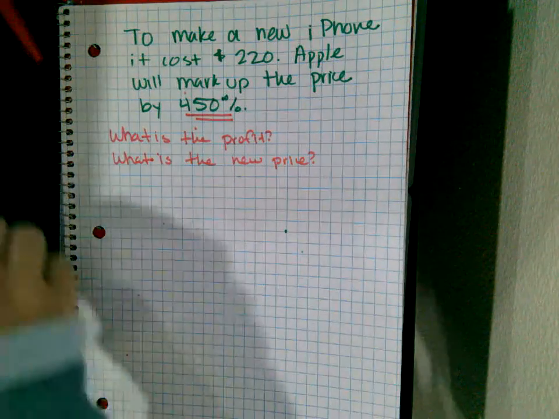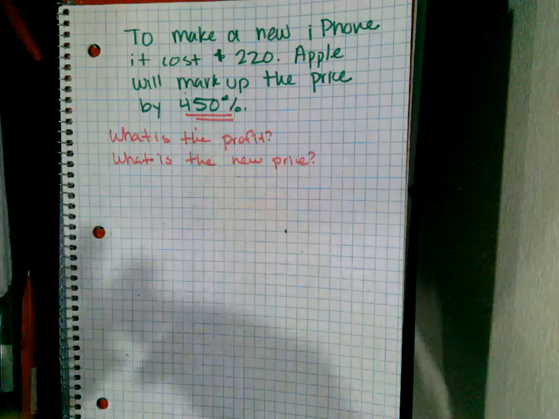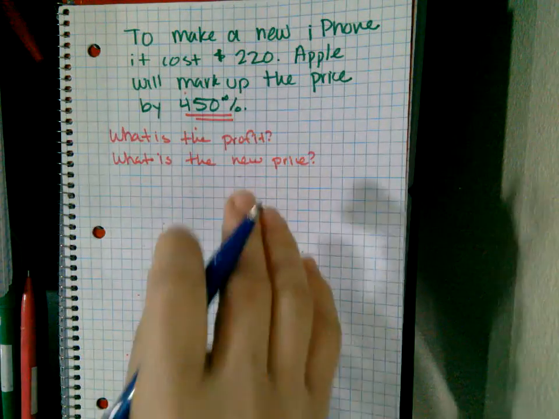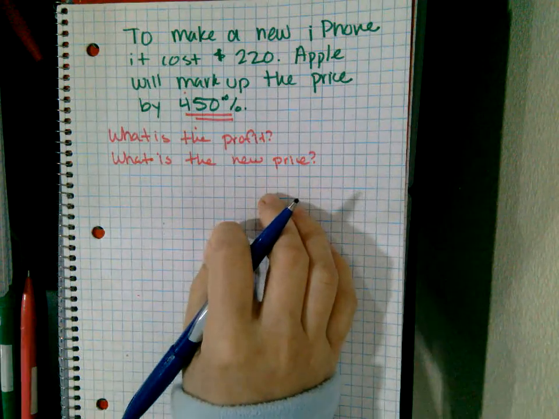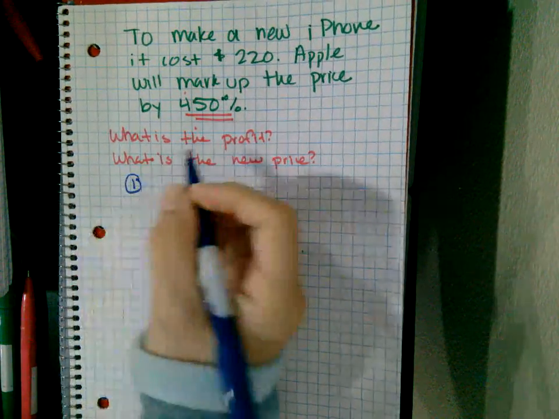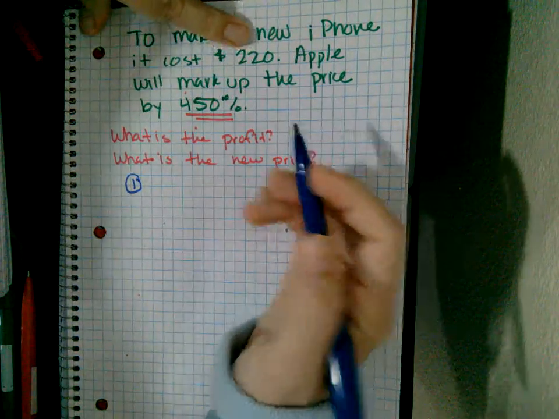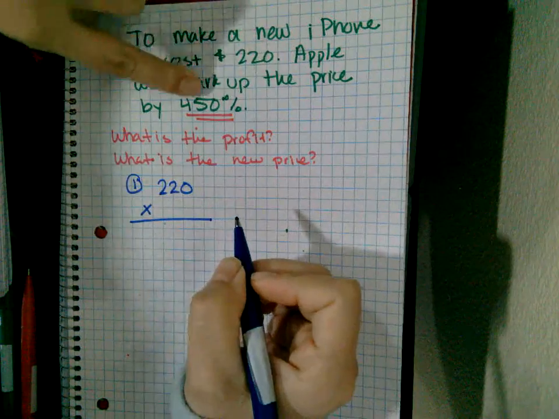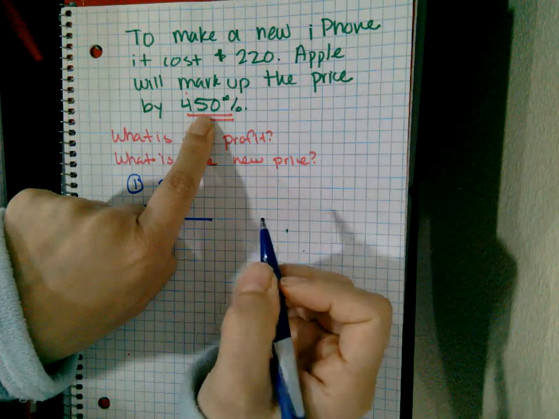So very simple steps, because they're just like tax. They're just like discount. This is exactly the same thing as tax. The second step is exactly the same. Okay, so step number one, you take the cost to make, which is $220, and you're going to multiply it by the percent, but it has to be written as a decimal.